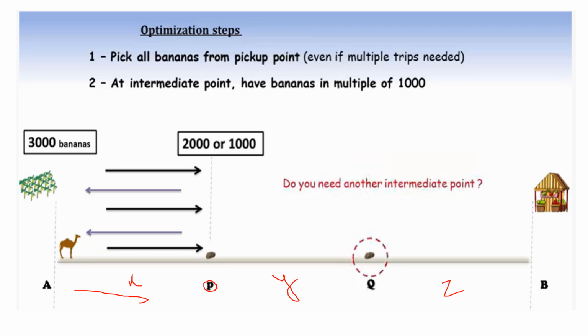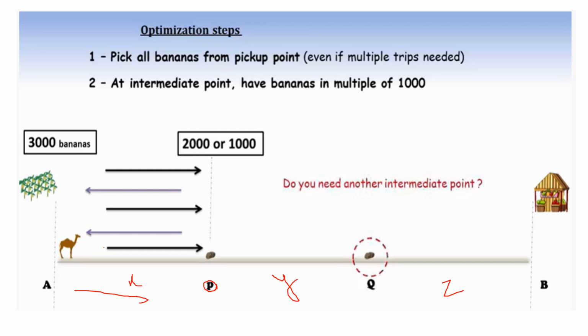That we know. So here assume we have 3000 bananas. The camel can carry 1000 bananas here, then come back again for the second 1000, come back, and the third 1000. Anyway, some bananas will reach the point P. Assume in terms of 1000, either 2000 or 1000. If P is a certain distance away, it can reach 1000 bananas, or at some shorter distance we can have 2000.